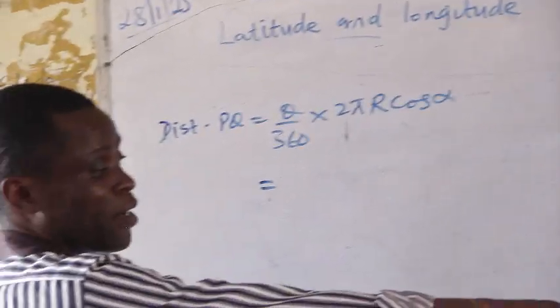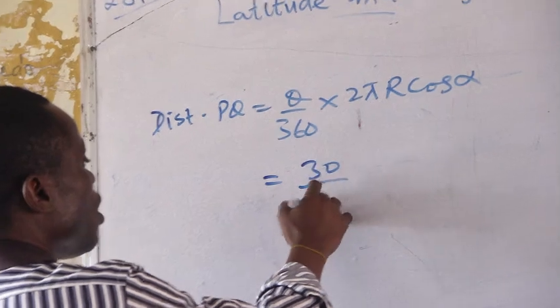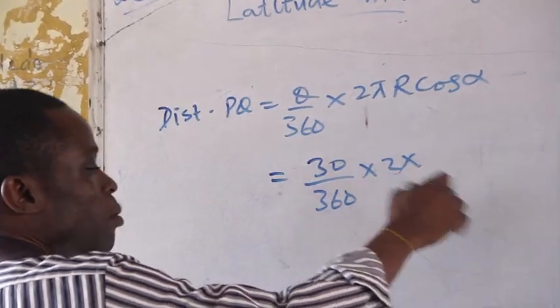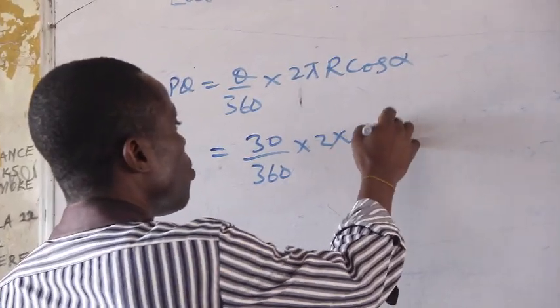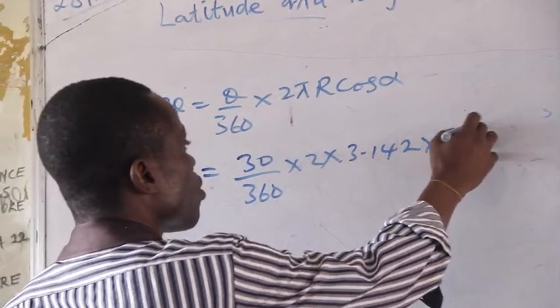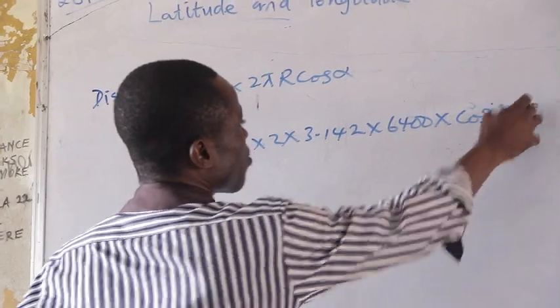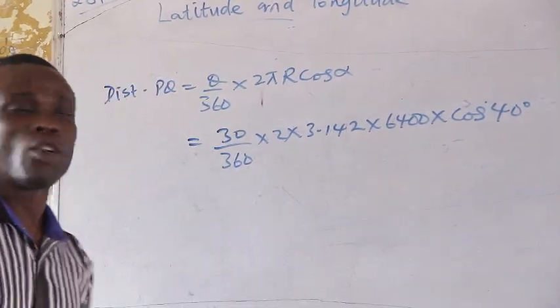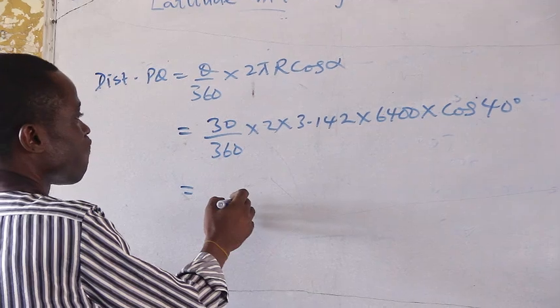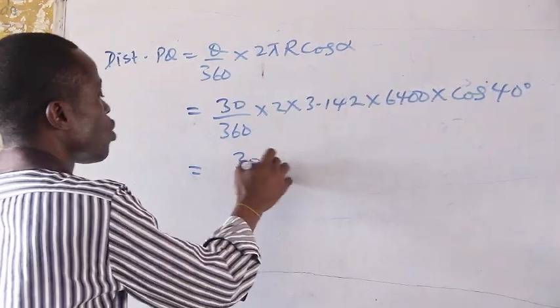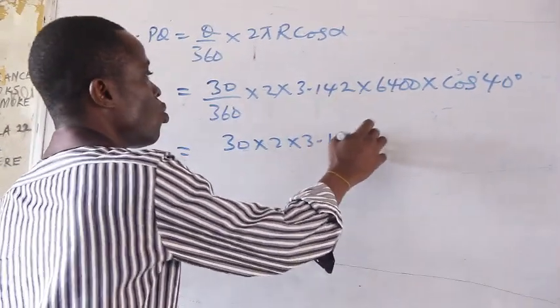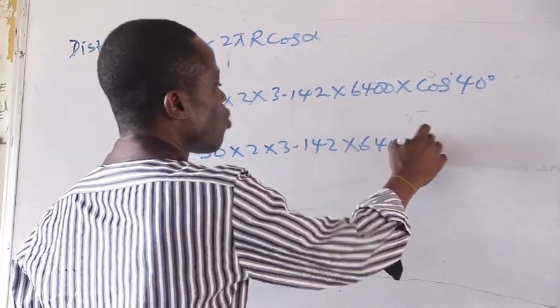What is angular difference there? 30 over 360 times 2 times pi, which according to the question is 3.142, times 6,400 times cos alpha, which is 40 degrees. Is that taken? Okay. Now we have this. 30 times 2 times 3.142 times 6,400 times cos 40.